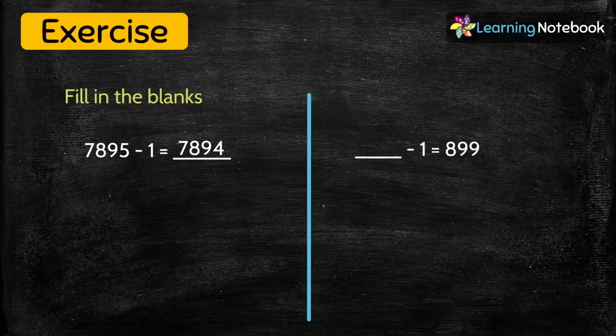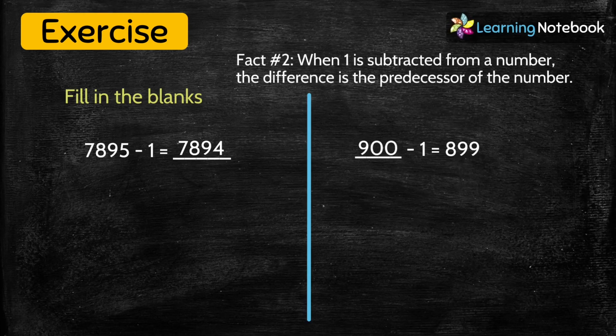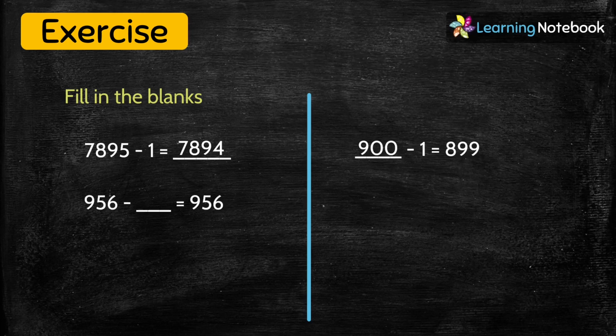Second question is dash minus 1 equals 899. Here answer is 900, because 899 is predecessor of 900. Next question is 956 minus dash equals 956.